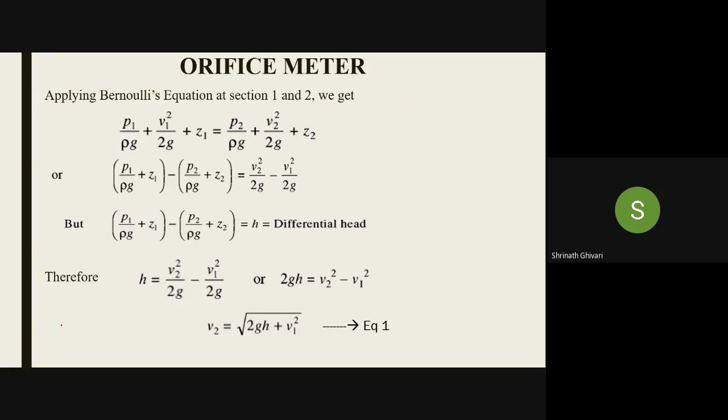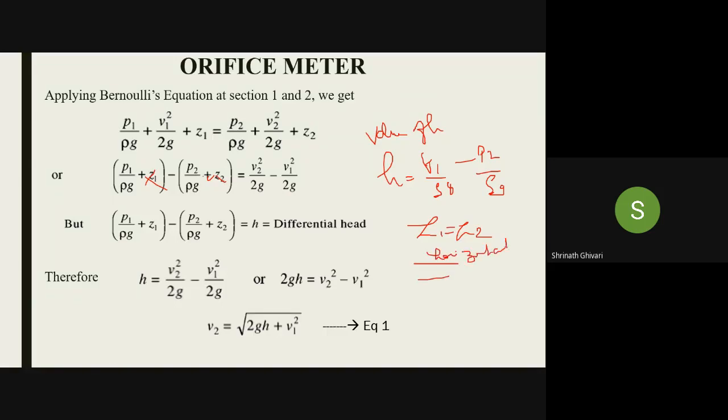So the equation is like this. As we have seen, the value of h, h is equal to P1 by rho g minus P2 by rho g. Why not Z1 and Z2? Because we won't consider them when Z1 is equal to Z2, that is, the pipe is horizontal.